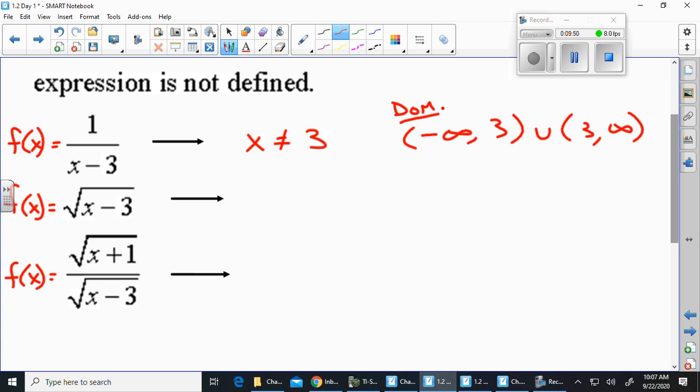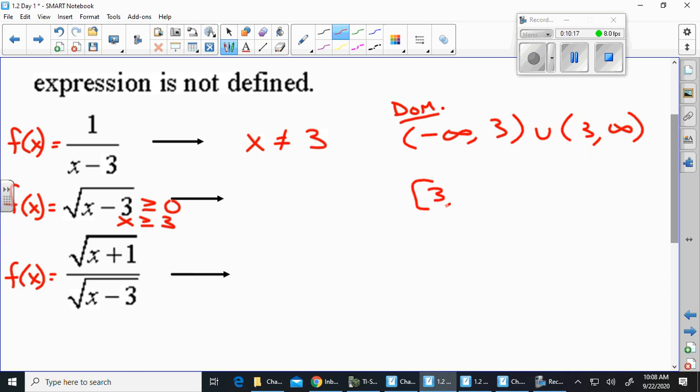that. You look at the second thing. You cannot square root a negative. So you have to think, well, if it's not negative, that has to be greater than or equal to 0. So that would mean x is greater than or equal to 3. So what's its domain?